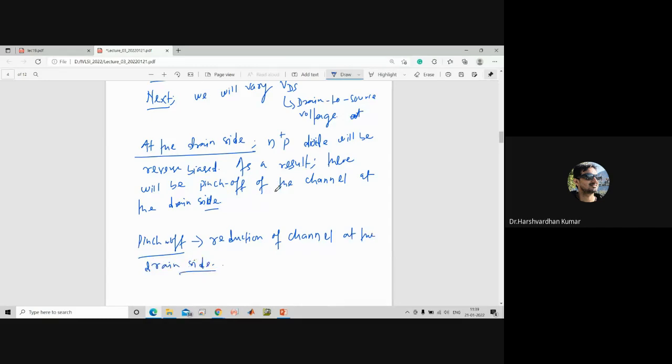So what will happen because of the pinch off? The drain current, that is ID, will start saturating.